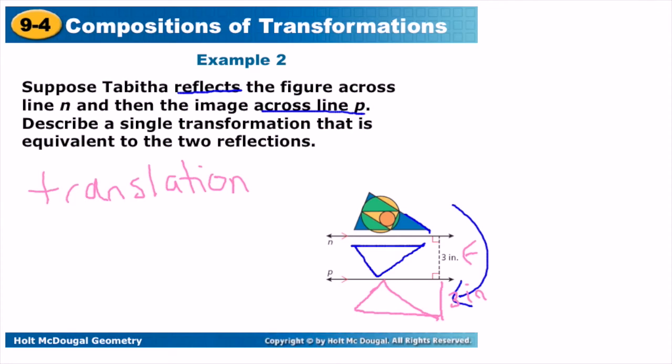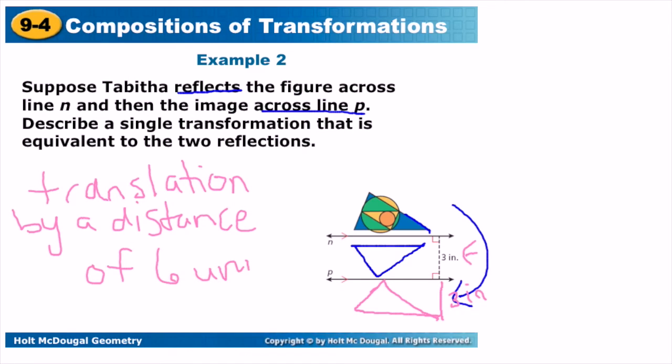So I can say that that's a translation by a distance of 6 units. And I apologize, my students, you know my handwriting is not the best. So you're translating 6 units.